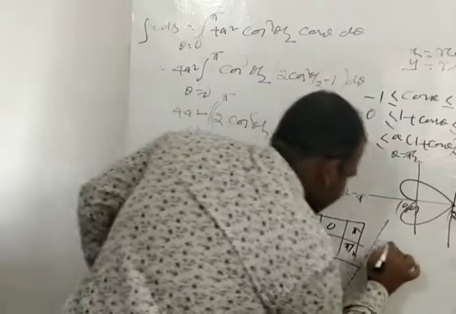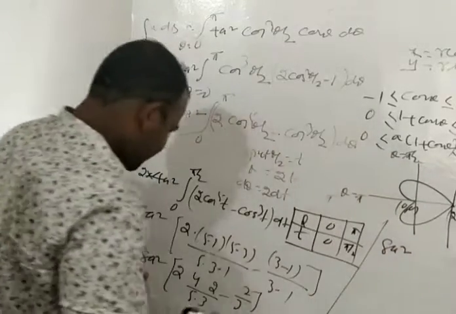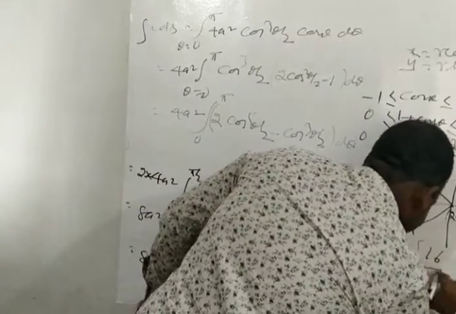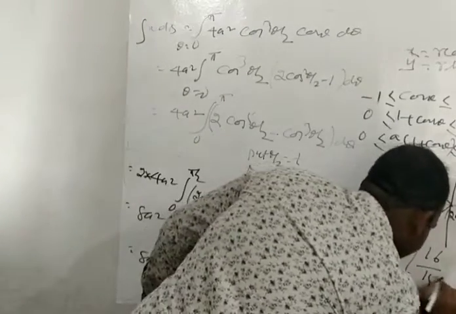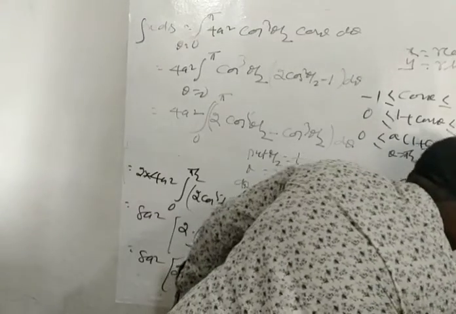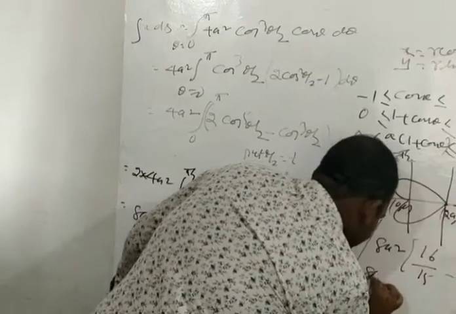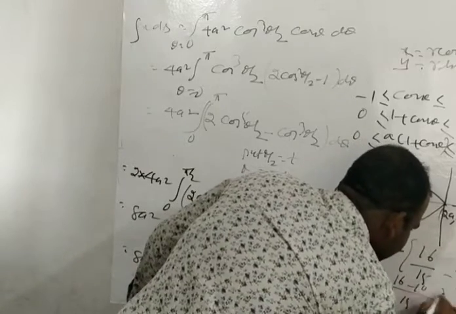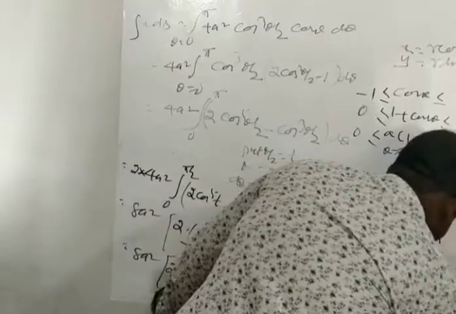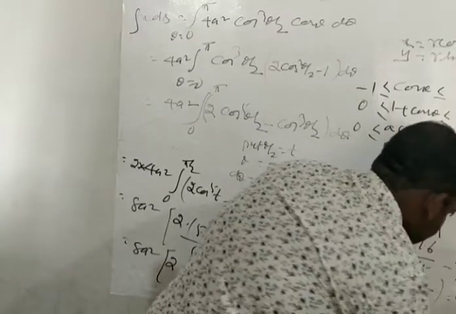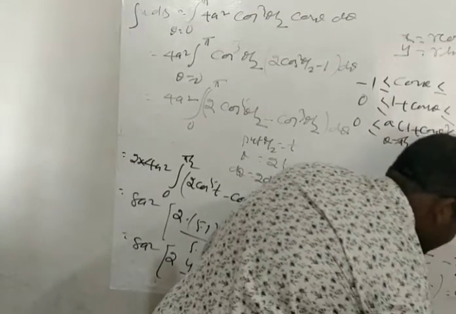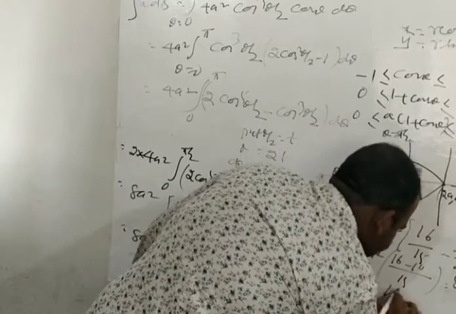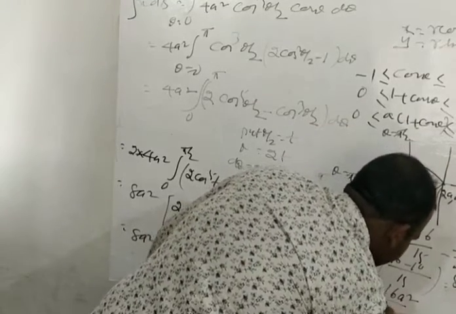So this is 8a square, 2 into 8/15 gives 16/15, minus 2/3. LCM is 15, so 16 minus 10 gives 6/15. So this is 8a square times 6/15, which simplifies to 16a square upon 5.